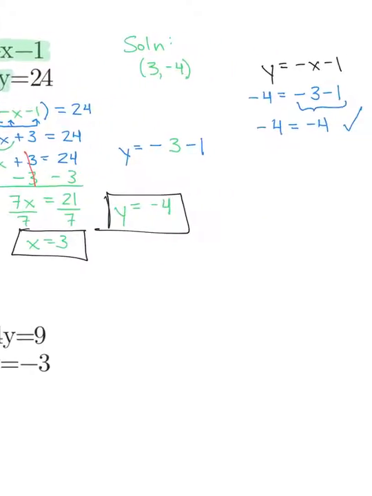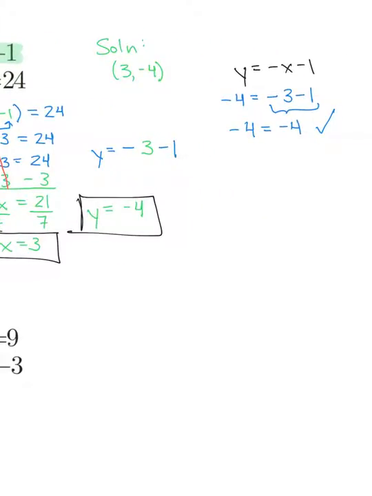So my second equation was 4x minus 3y equals 24. So if we plug into this one, we get 4 times 3 minus 3 times negative 4.